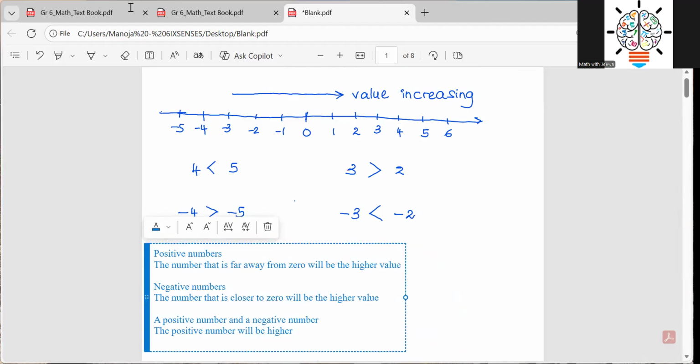I don't know why it is not visible. I will keep it like this for a moment, then you can complete your note. And if you have negative numbers, in that case, something which is closer to 0 will be the higher value. And if you compare a positive number and a negative number, definitely the positive number will be the higher value. Hope it is clear.